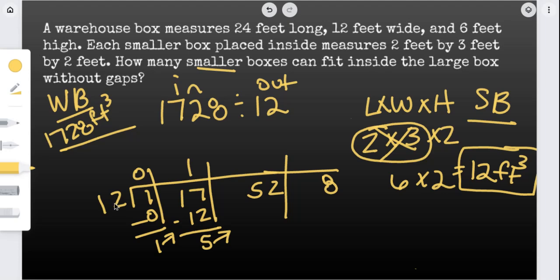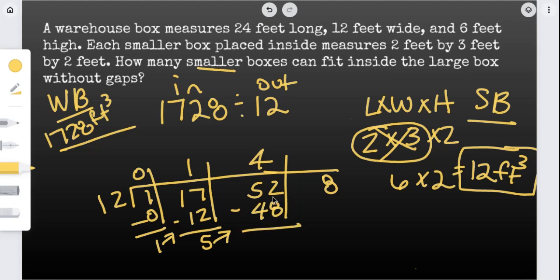So if I have 1 group of 12, I have 12. 2 groups of 12, or 12 times 2, is 24. 3 groups of 12, or 12 times 3, is 36. I think I can get a little bit closer. 4 groups of 12, or 12 times 4, is 48. 48 is pretty close. So I'm going to put 4 groups of 12, and I know that's 48.